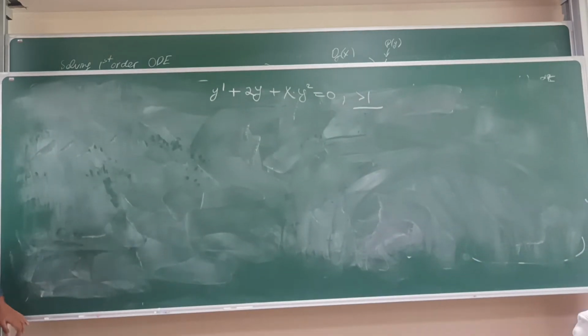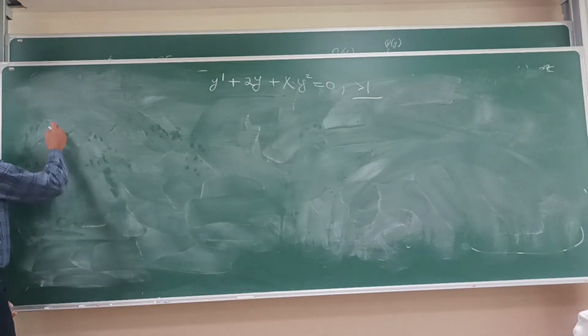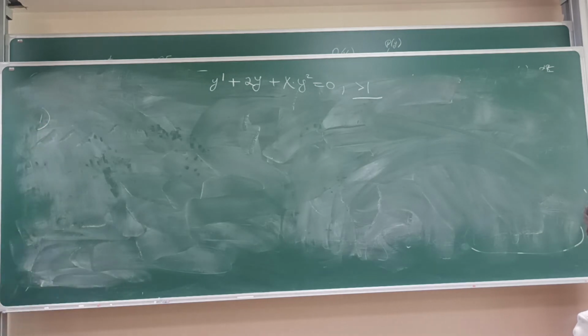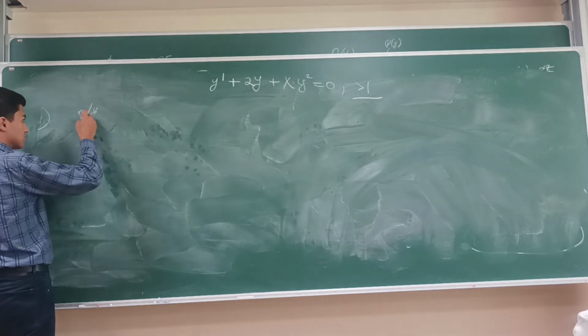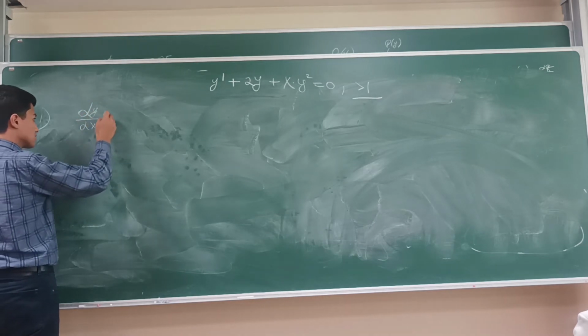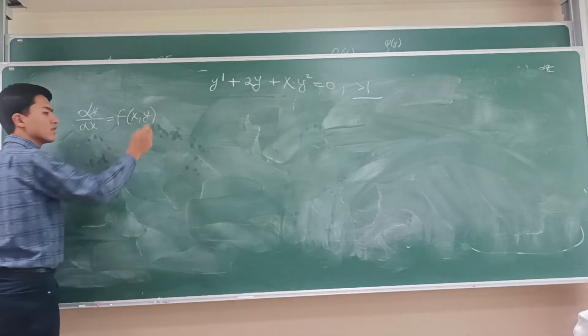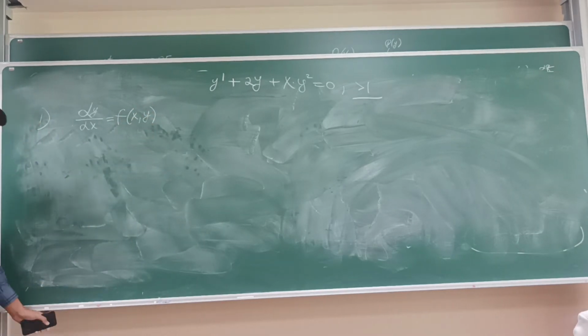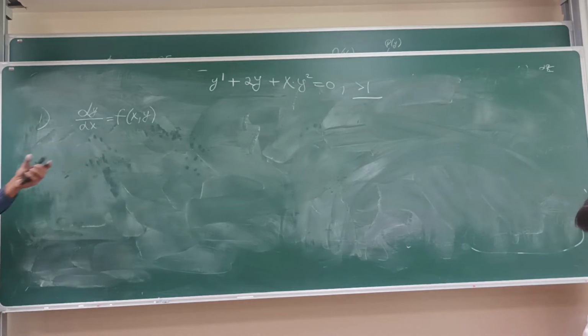So the first type of substitution is called homogeneous. Okay, see, you have a function that depends on x and y.